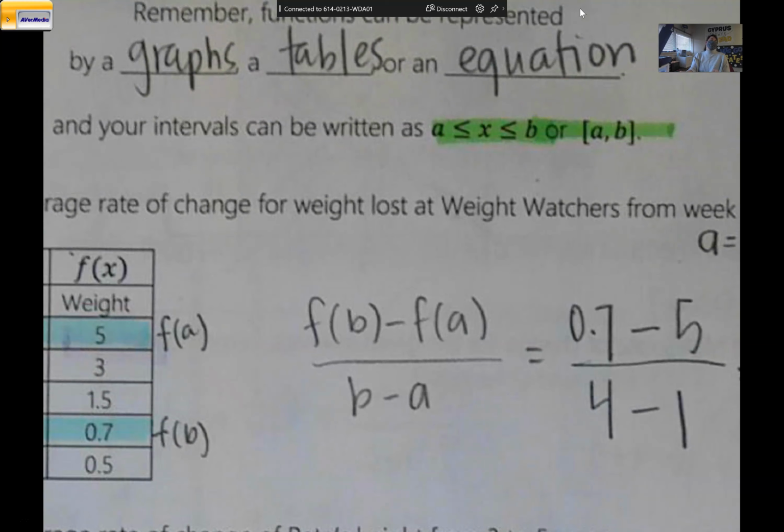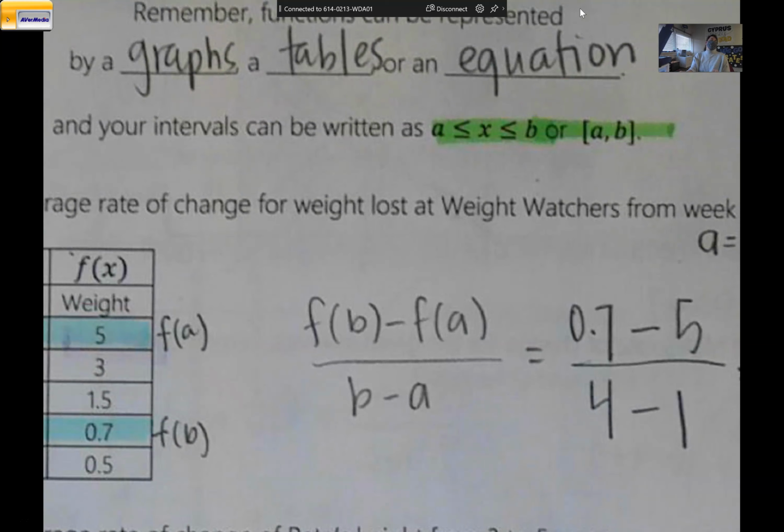Okay, so now let's relate this to the types of rate of change we are going to look at. So now we're on page 24. We're going to calculate the average rate of change for different functions, and we're going to need a formula that's going to work for all functions.